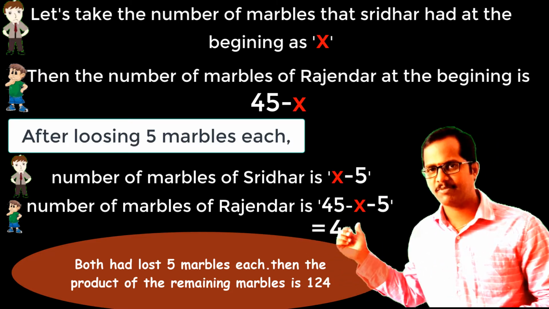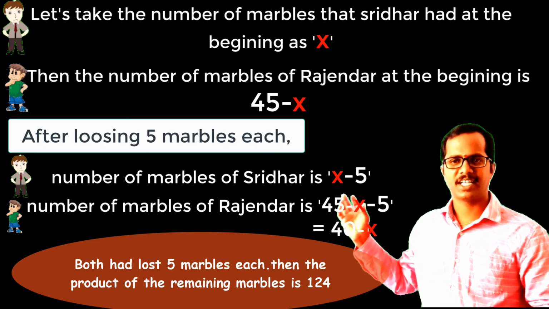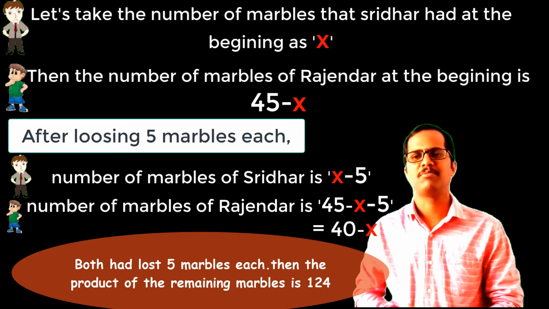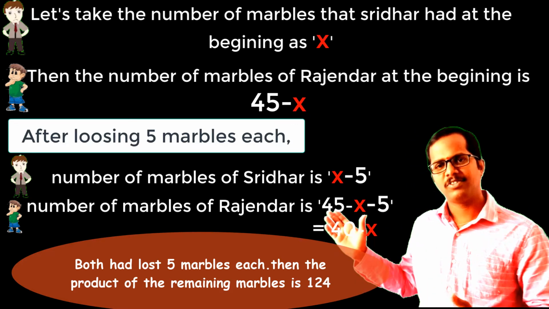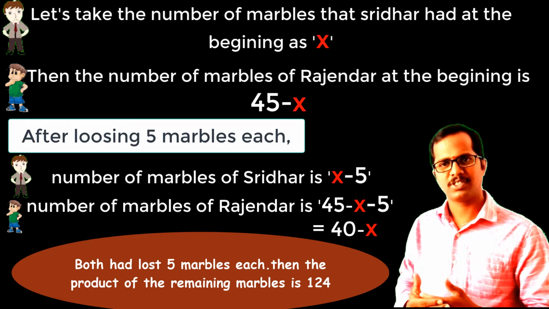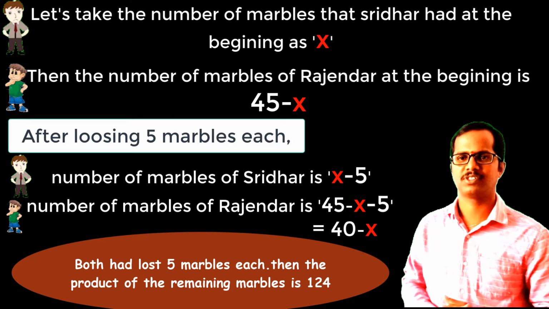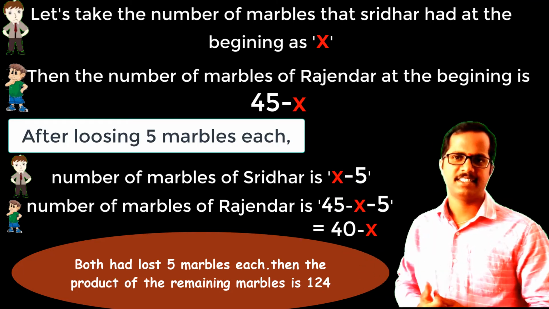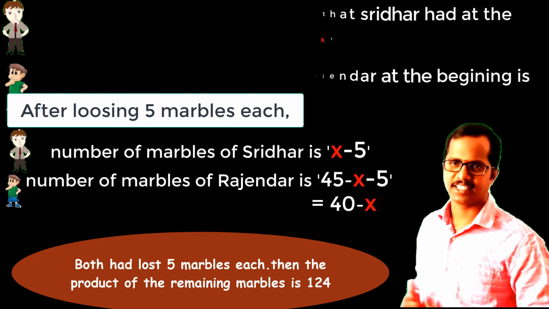So we get 40 minus x, which is the number of marbles that Rajendra had after losing 5 marbles. So after losing 5 marbles, Sridhar had x minus 5 and Rajendra had 40 minus x.